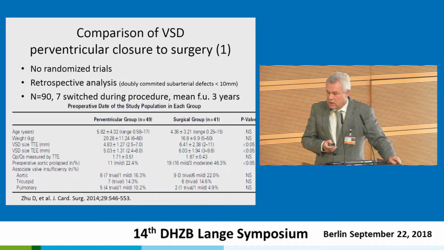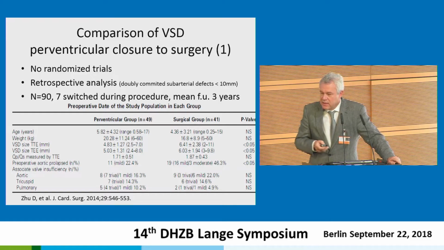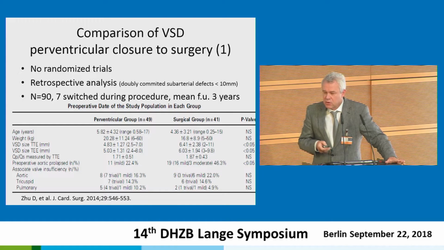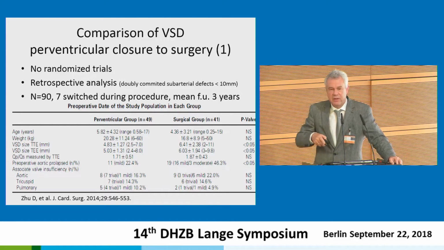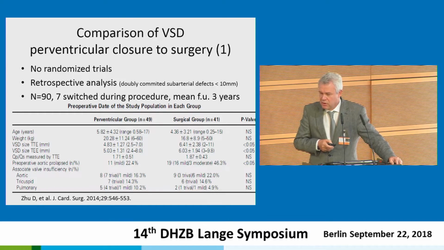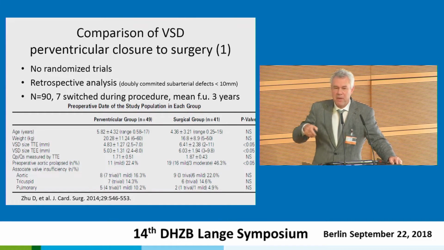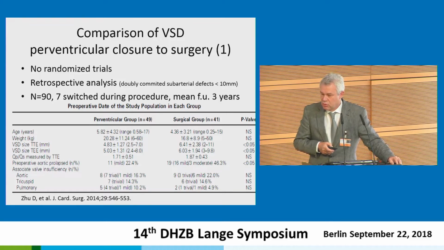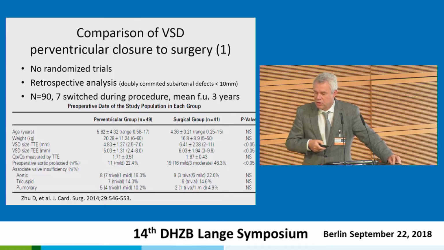So let's go a little bit more into that. There is one retrospective analysis comparing perventricular closure to surgery with 90 patients who were enrolled, and 7 were switched during the procedure. So in the end, 49 patients remained in the perventricular group, and 41 patients were in the surgical group.